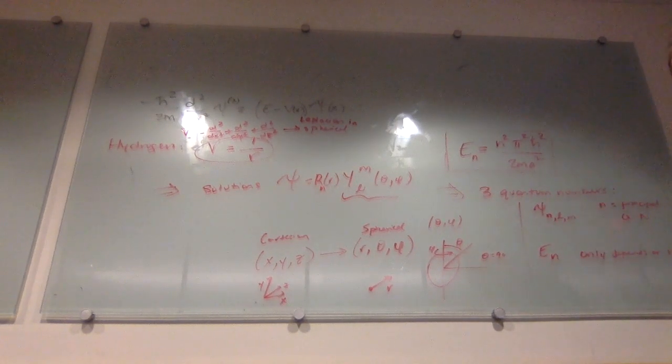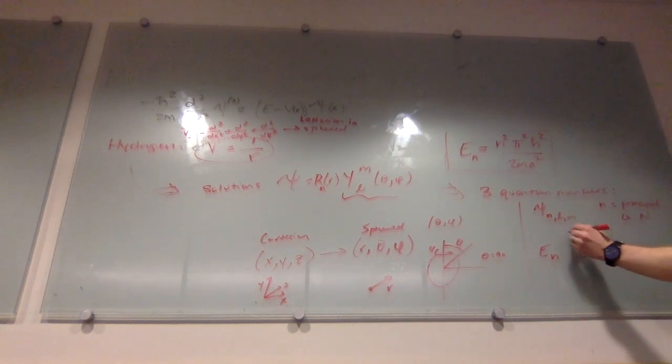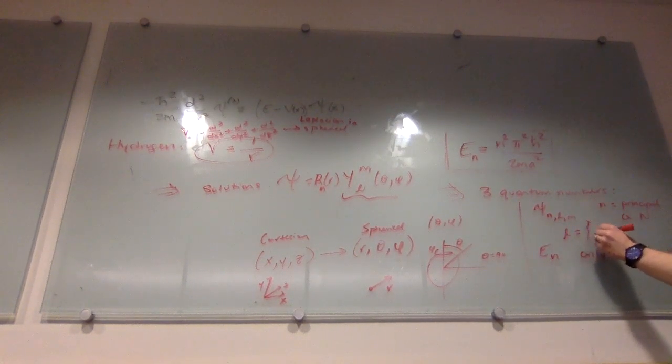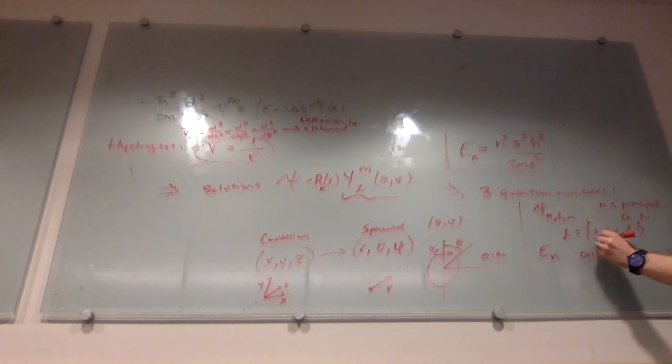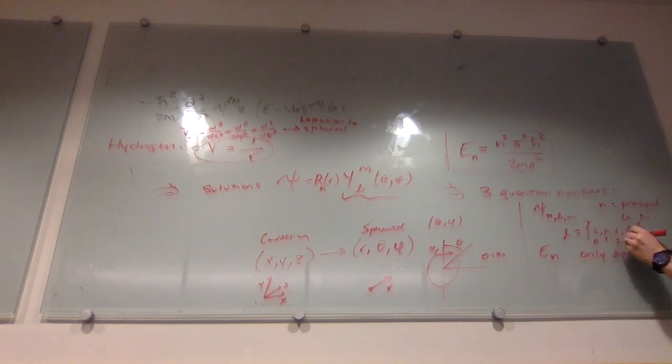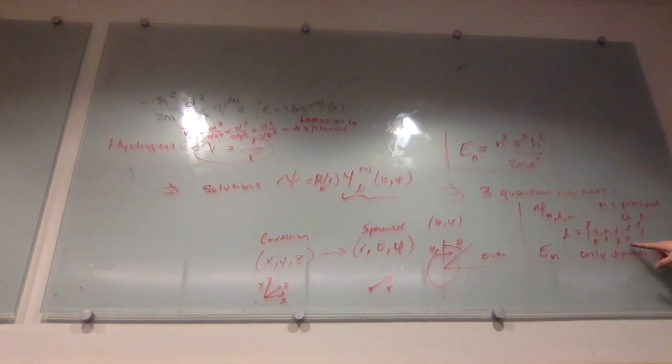Have you ever seen this in your chemistry class, where they draw the orbitals, like the s, p, d, f? This l is like that: this is l equals 0, this is l equals 1, this is l equals 2, this is l equals 3. So the spherical harmonics give you certain values up to n.